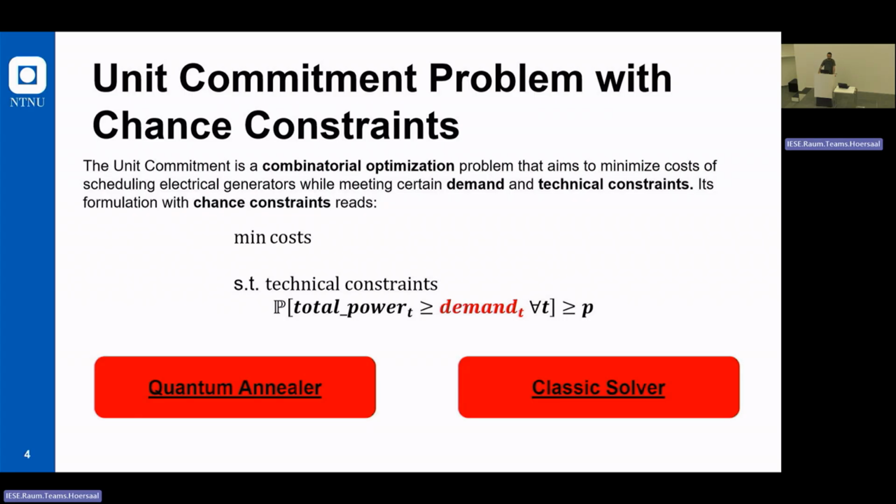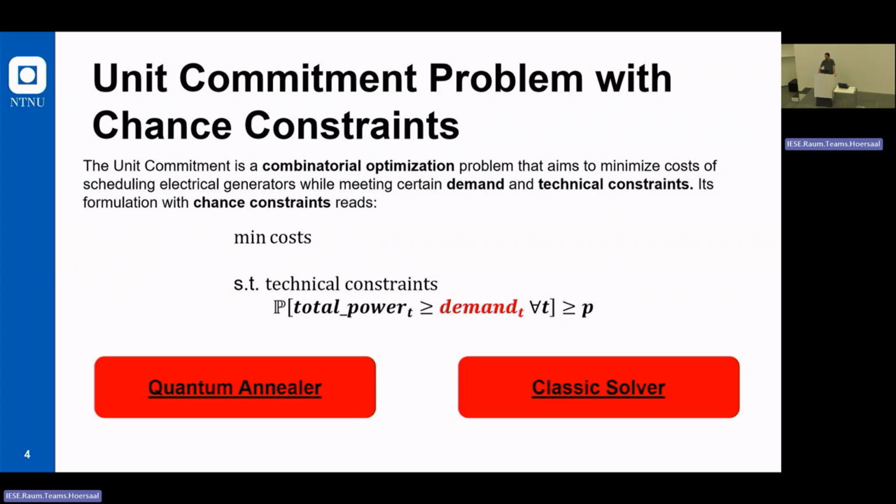We will consider that the demand follows a normal distribution over all the time periods, so overall it is a multivariate normal distribution. The chance constraint looks like what you can see here: the probability that the total power produced by the generators is larger or equal than the demand at every time period, that this whole thing, the chance that this happens, is greater or equal than P.